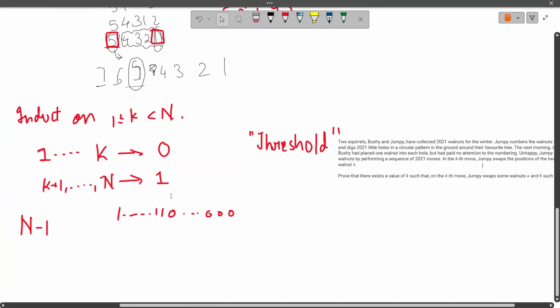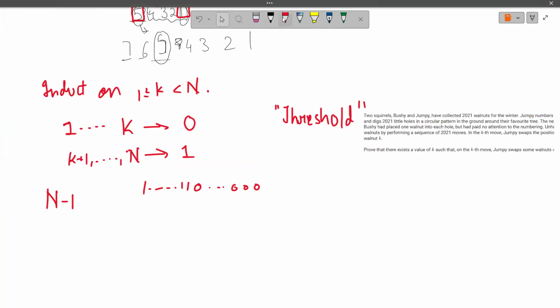The way I motivated it was I did a bunch of small cases. After doing a bunch of small cases, I realized that I did exactly the thing that Ridhiman was doing. I showed that 5 goes there, 4 goes there, 3 goes there, and then I'm happy. But the problem that comes here is there is too much information. If I have 3, I have to care for 5 and 4.